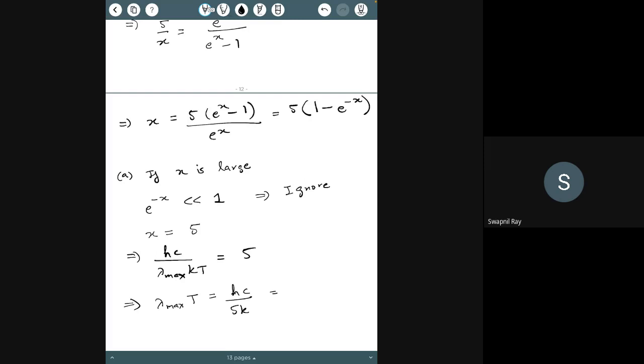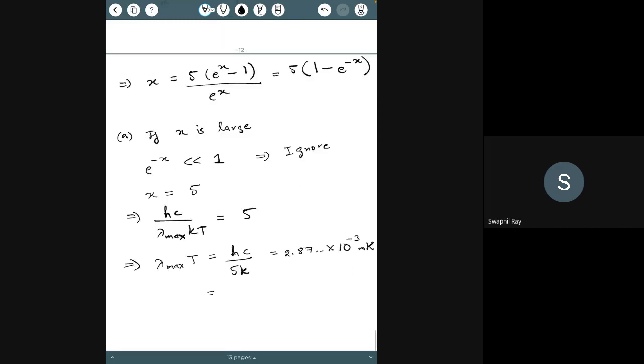If you evaluate this, you will get something like 2.87 into 10 to the power minus 3 meter kelvin. Okay, so this is Wien's law, right? So this is a constant.